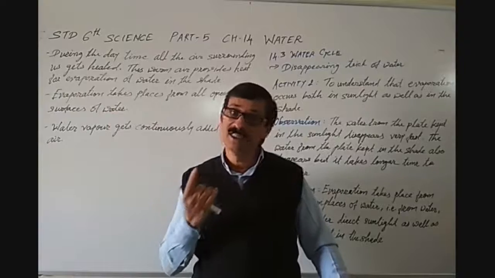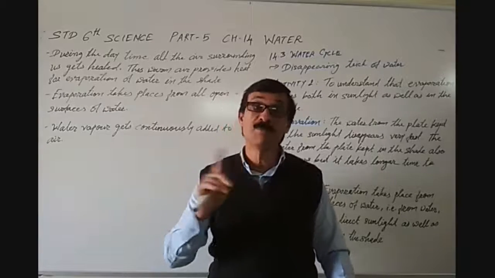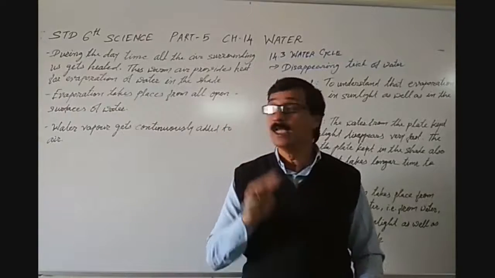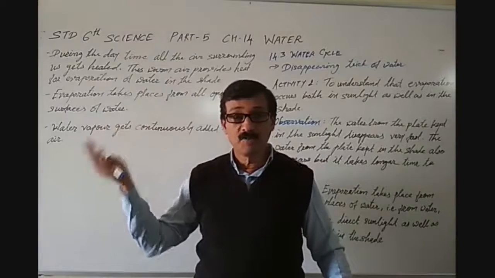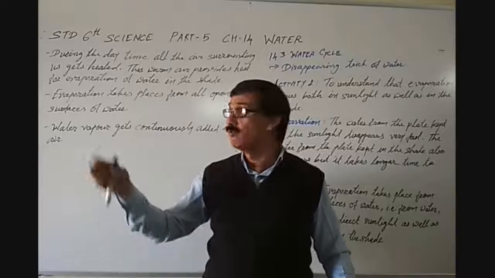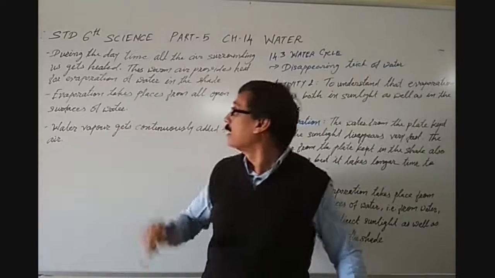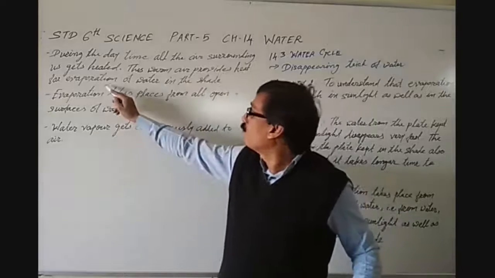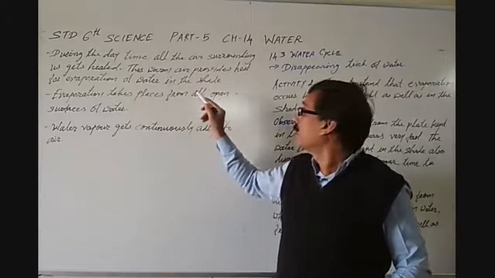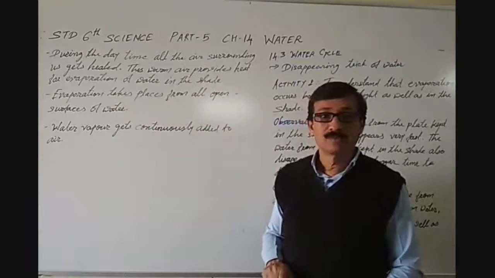The air continuously changes places, so that the water in the shade also gets warm air, isn't it? That is why this warm air provides heat for evaporation of water in the shade also. Okay.